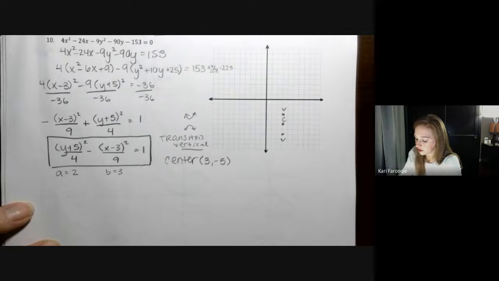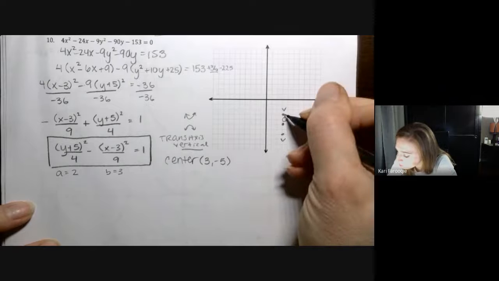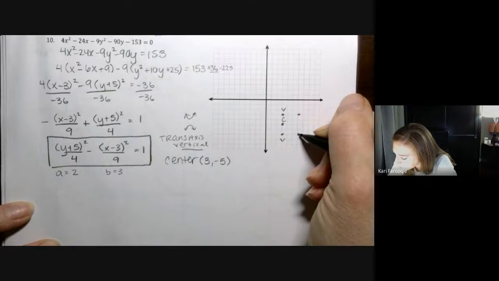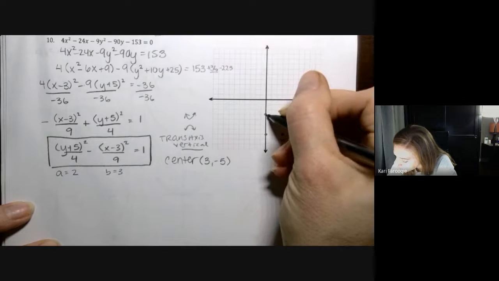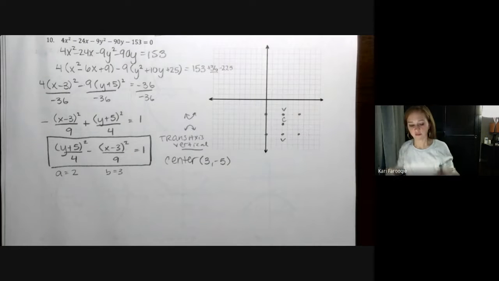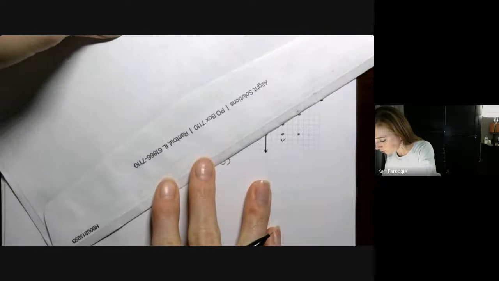Now that you have your vertex points, use b to draw that box. So you're going to go the other direction, 3 units to create your rectangle. 3 units, both directions. And then you're going to connect these with some nice straight dotted lines for your asymptotes.